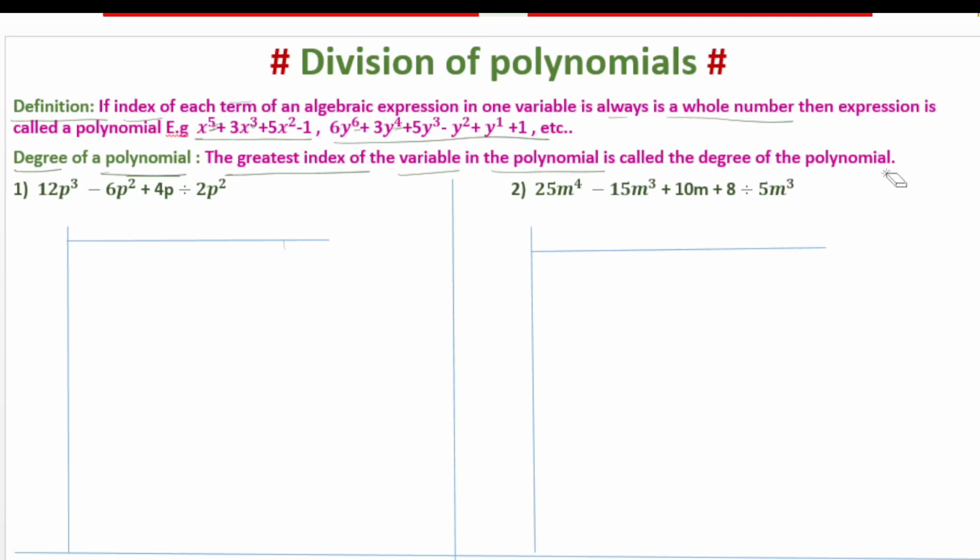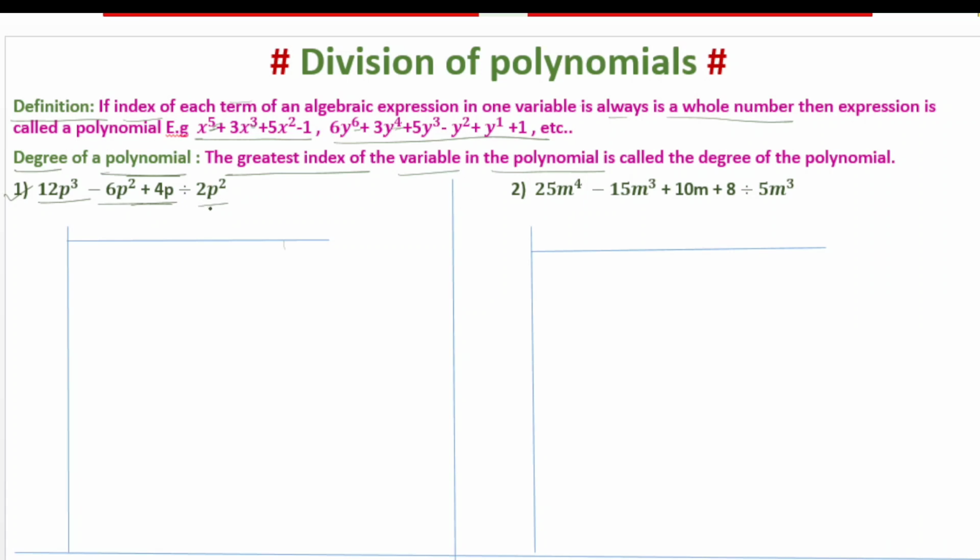I hope you understood. Now we discuss how we divide a polynomial by another polynomial. Here we take the first example: 12p cube minus 6p square plus 4p divided by 2p square.